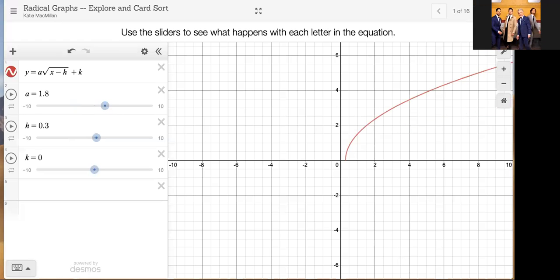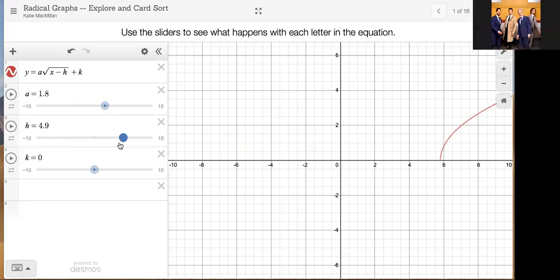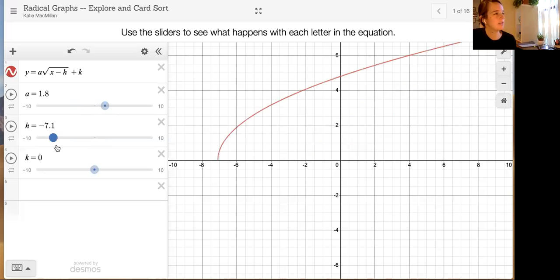When you change the H, it goes left and right on the y-axis. Yeah, oh, absolutely, the x-axis. Good correction. I'm sorry. No, that's okay. You did great. Right. So we can move to the negative side or to the positive side here. Definitely.